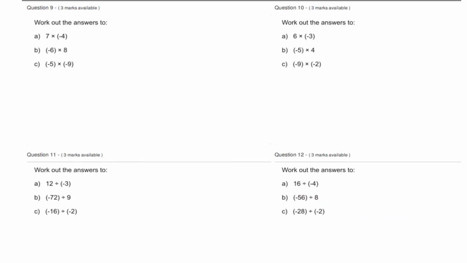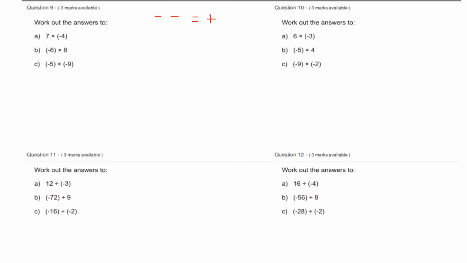Now we've got some multiplying and dividing negative numbers. The basic rule is if both numbers are positive, your answer is positive. If both numbers are negative, then your answer is positive.